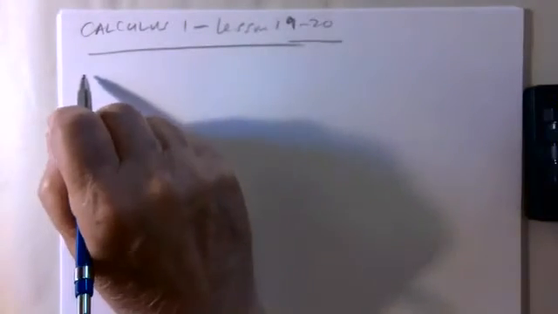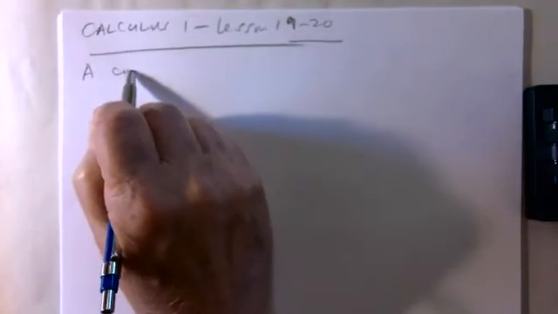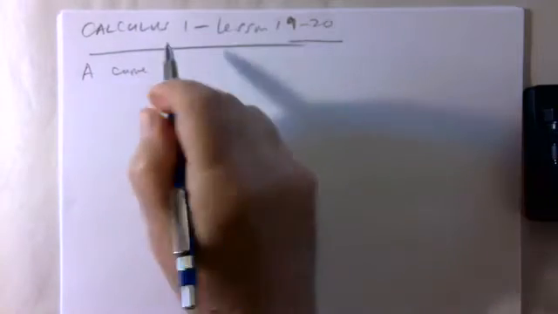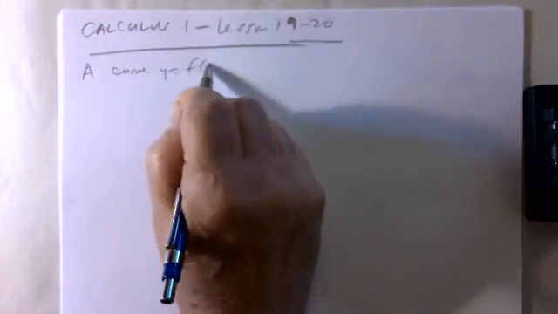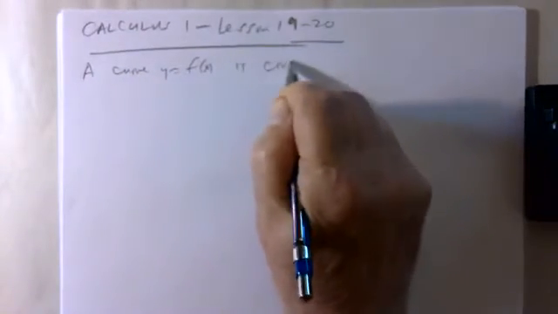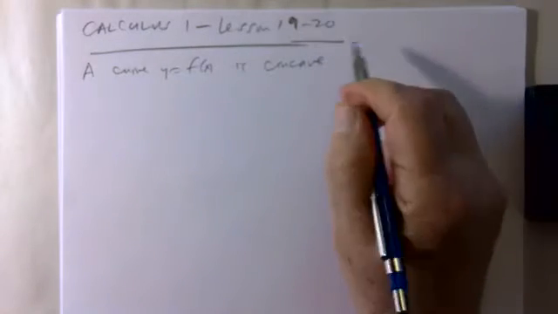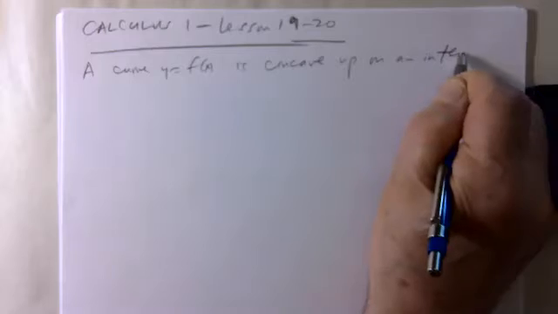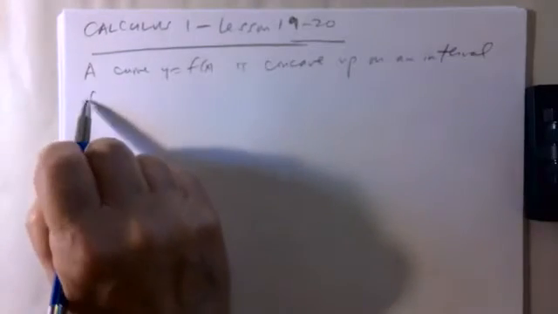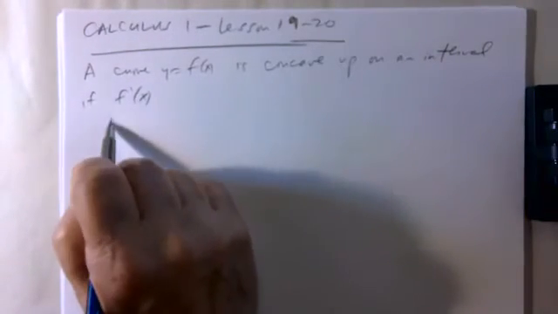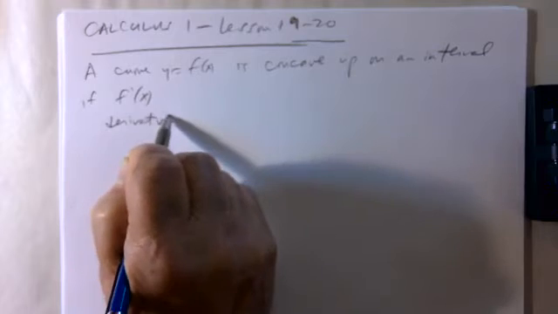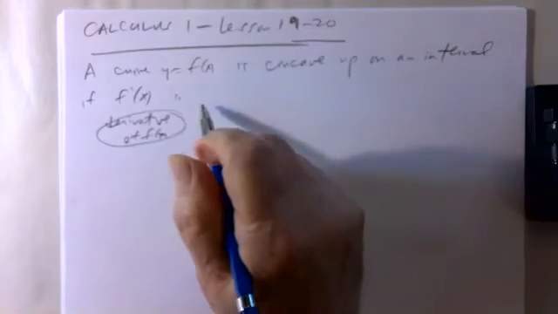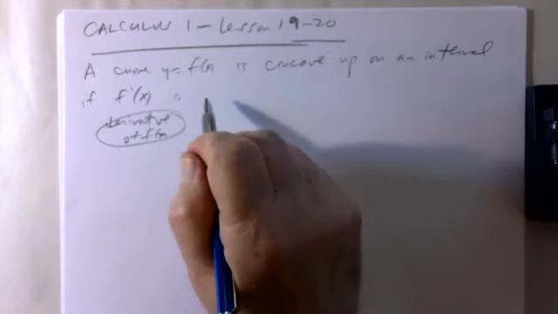So there's the formal definition. A curve or a function graph is concave up on an interval if the derivative is increasing on the interval.